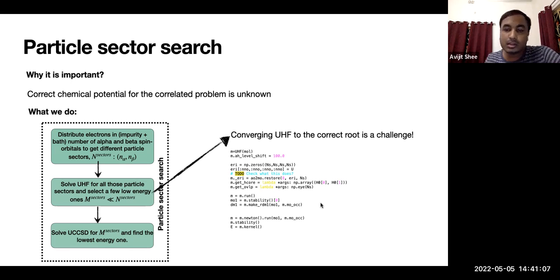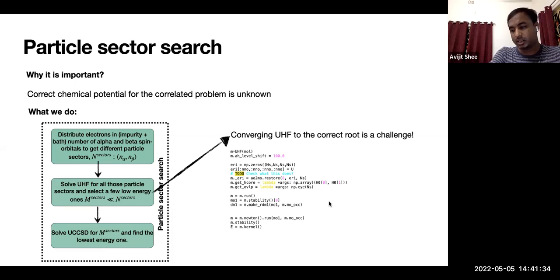The scheme that we employ right now is that we first solve the UHF equations, and then analyze whether this solution is stable, meaning whether the Hessian is positive semi-definite.